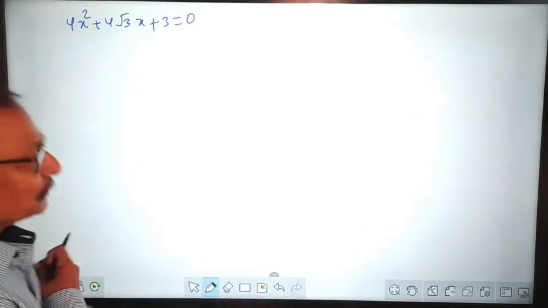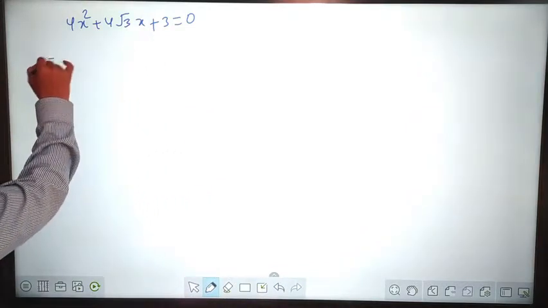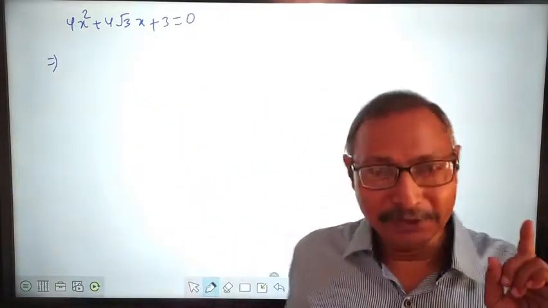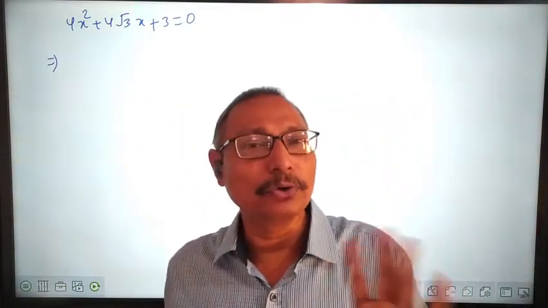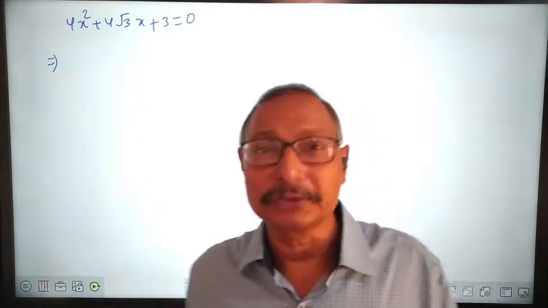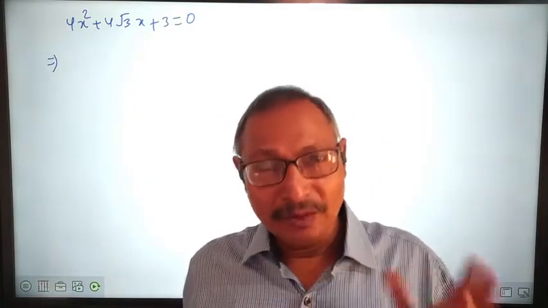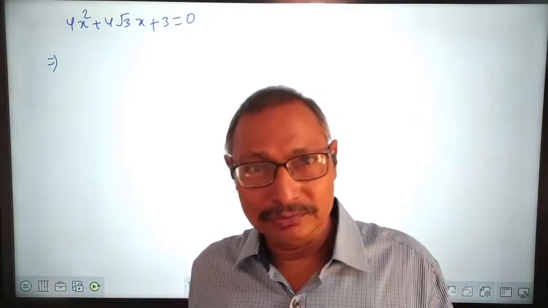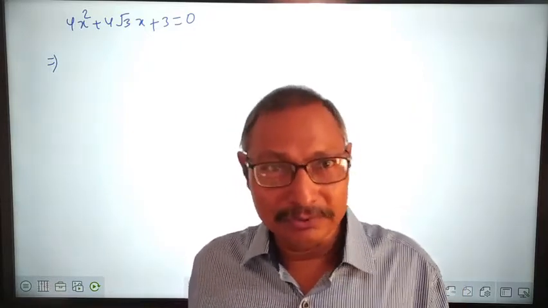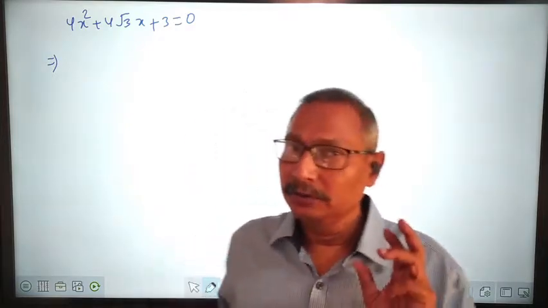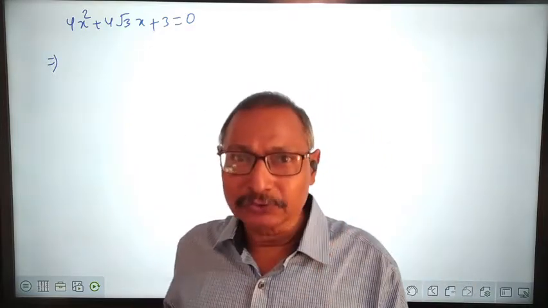For that purpose, primarily we need to make the coefficient of x square 1. Sometimes we do not do that, because here 4x square is a perfect square. We can write this as 2x whole square. But I prefer to make the coefficient of x square as 1.